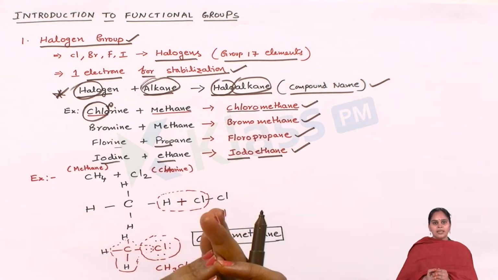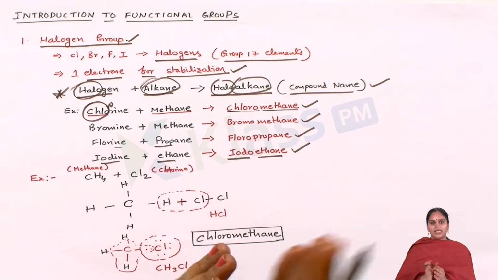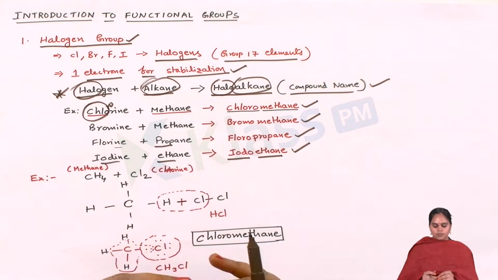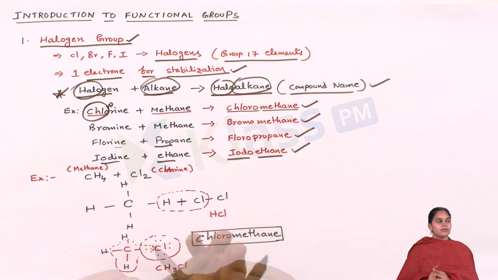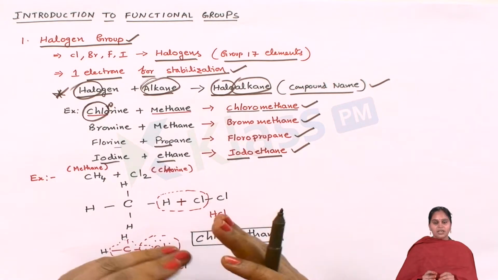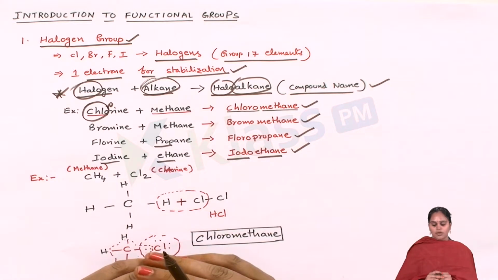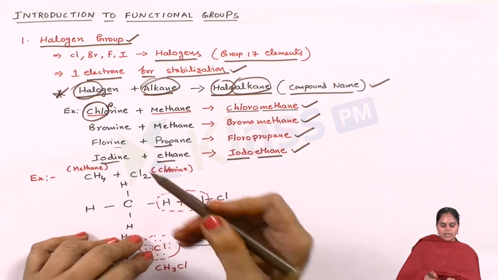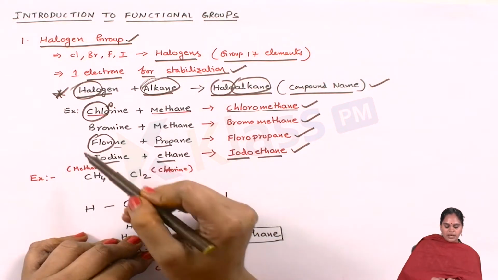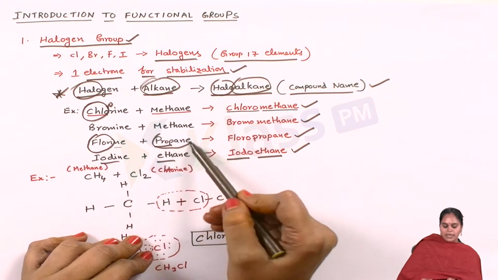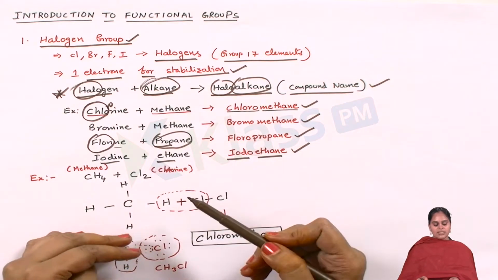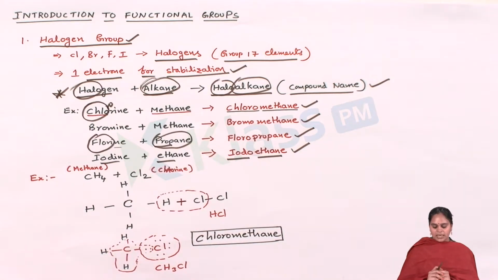If it is methane, halo plus methane. If it is propane, bromo plus propane. In the same way, if fluorine mingles with propane, fluoropropane. The halogen name will come first and then the alkane name will come next. In the same way, iodine mingled with ethane gives iodoethane. This is how we give the naming convention for halogen groups in combination with carbon.